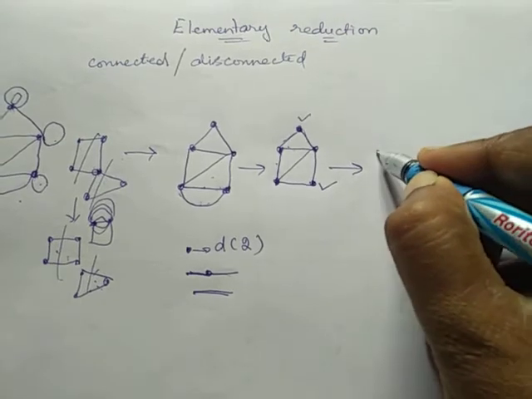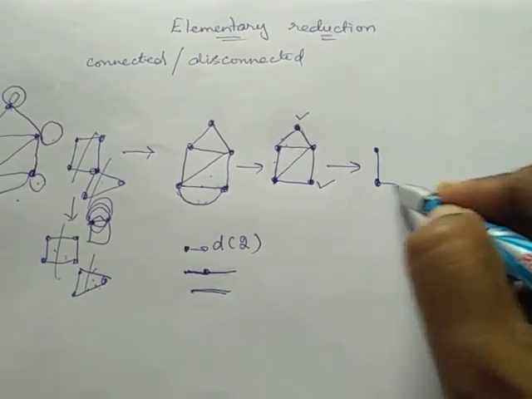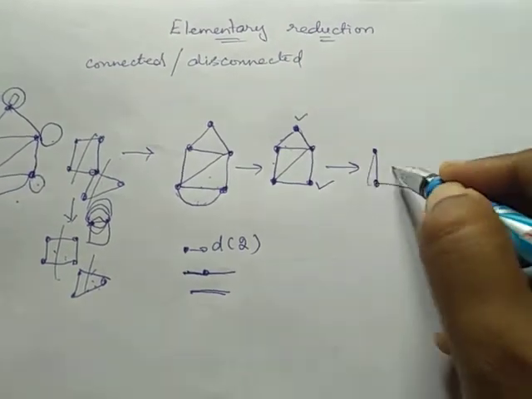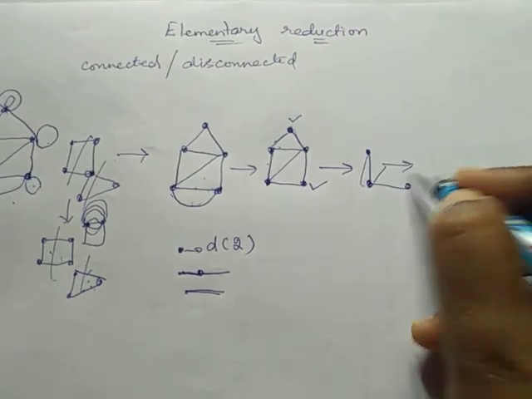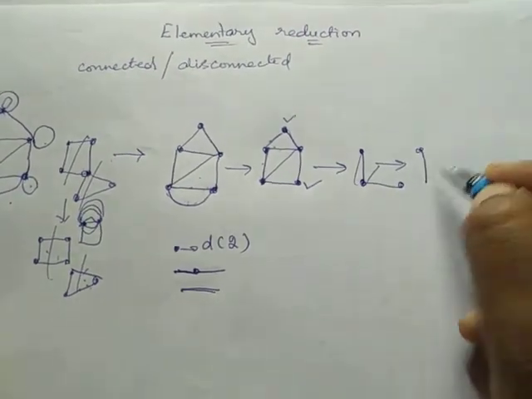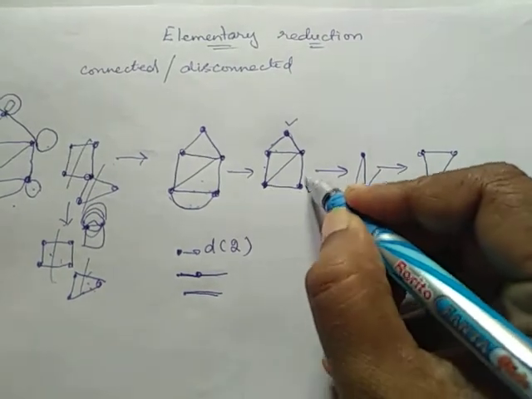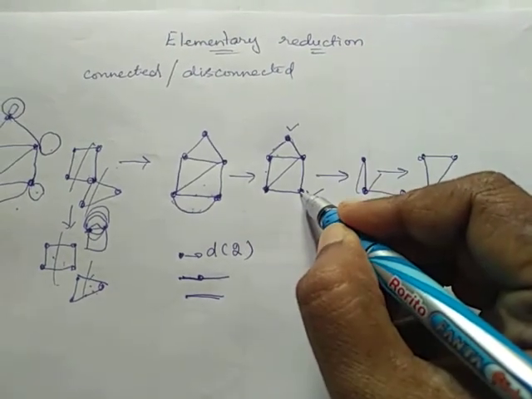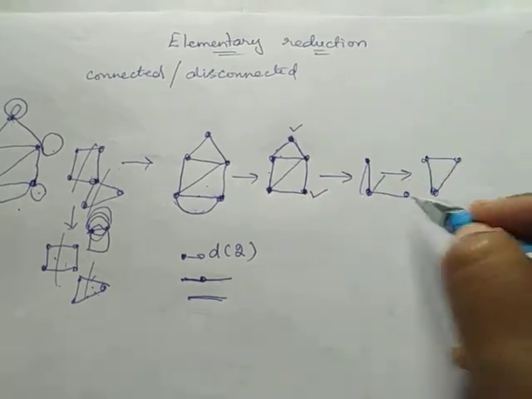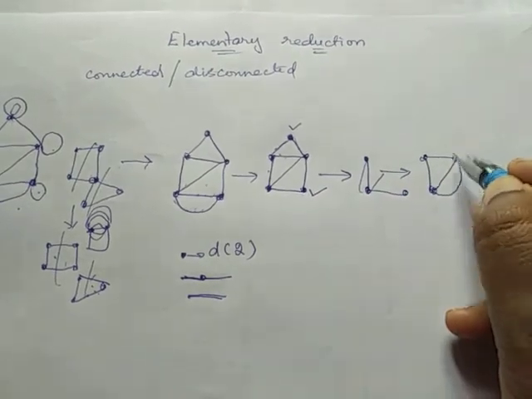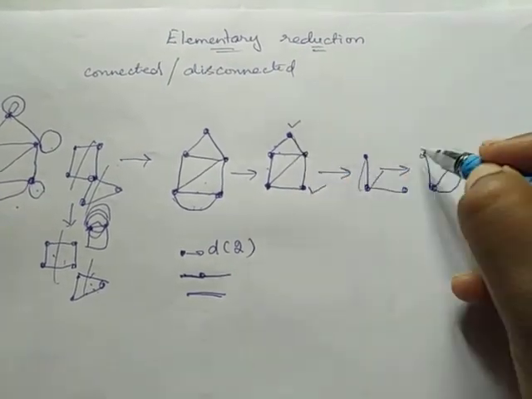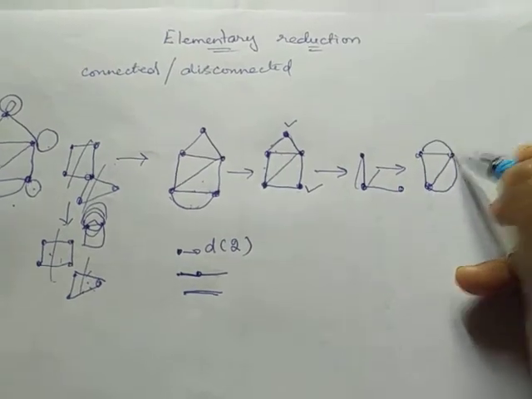This graph is reduced to this form. Here the vertex of degree 2 is replaced with a single edge.